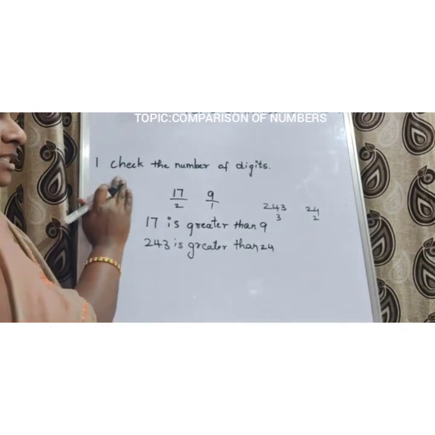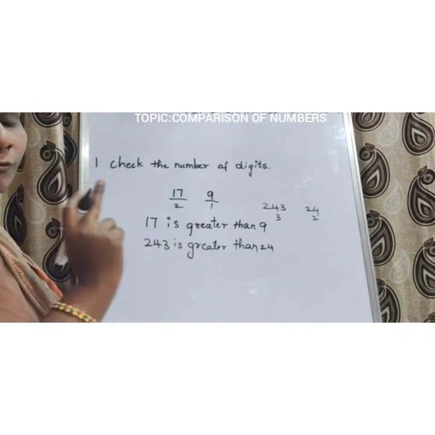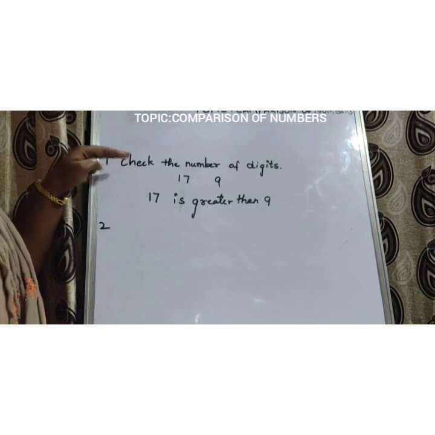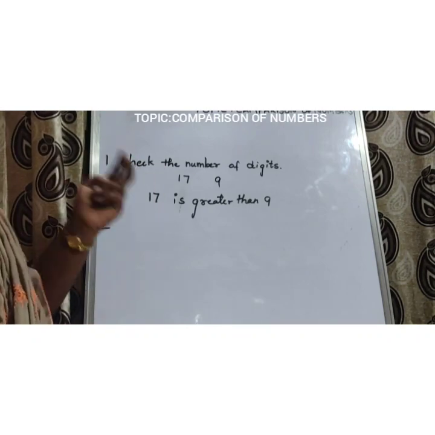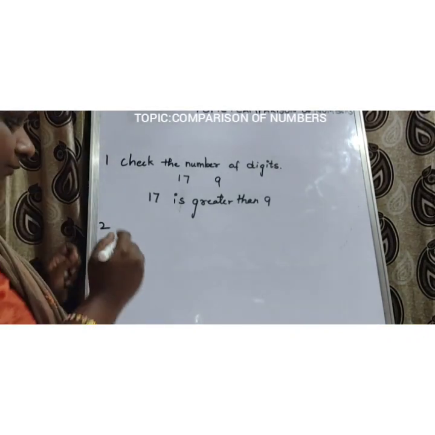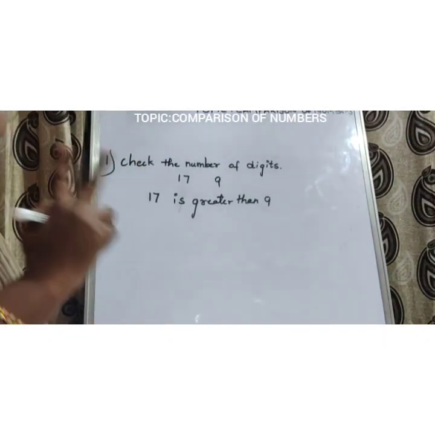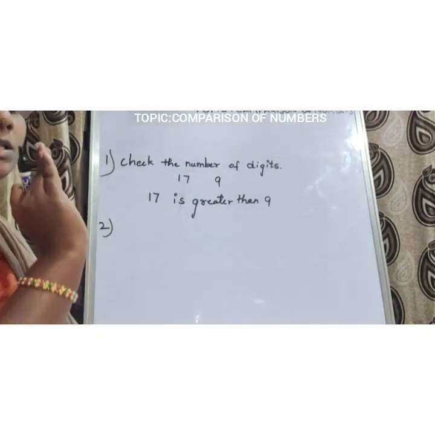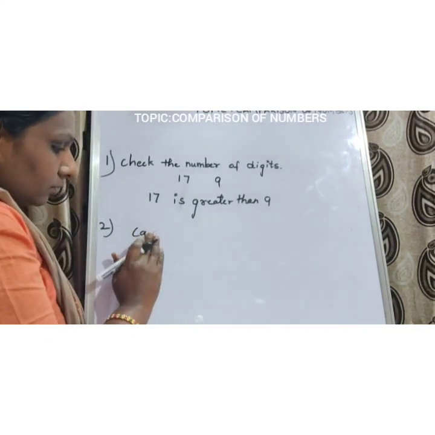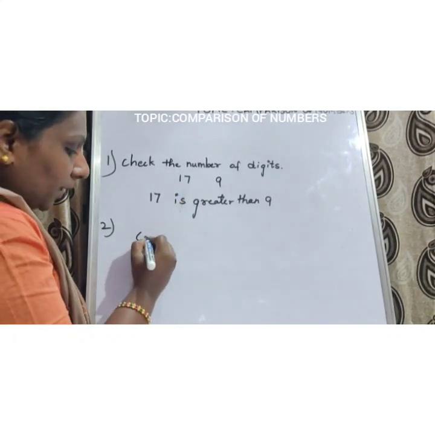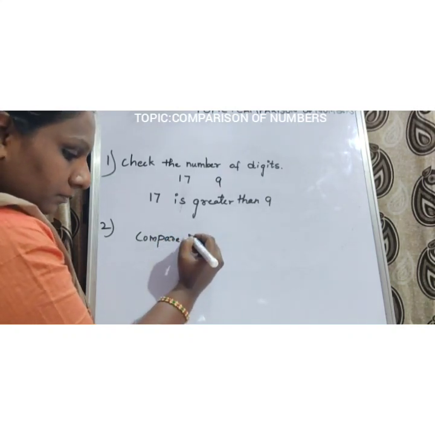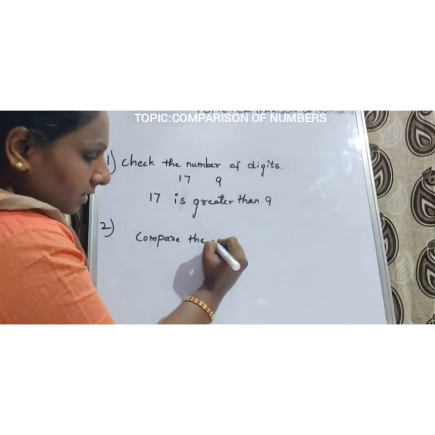So the first step is to compare the number of digits. Suppose the number of digits are the same. Second step, children: if the number of digits are the same, then you have to compare the hundreds digit.